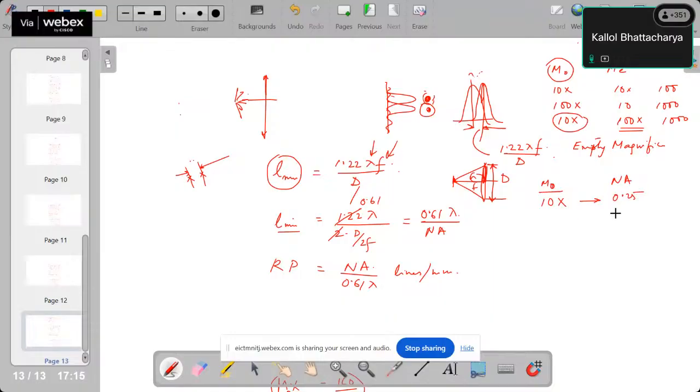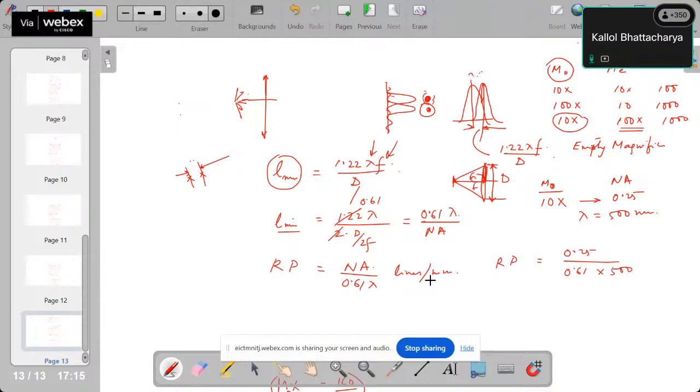Suppose we take lambda to be 500 nanometers. Then what is the resolving power? The resolving power we know would be 0.25 divided by 0.61 into 500.